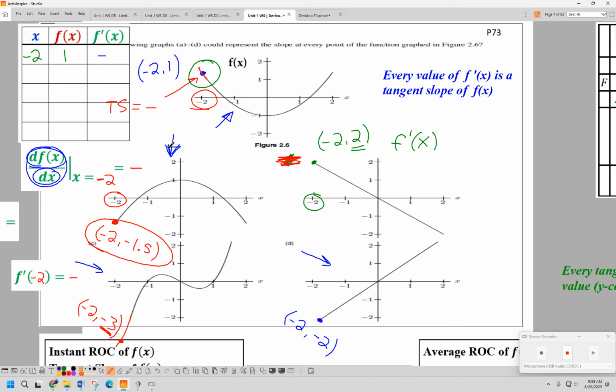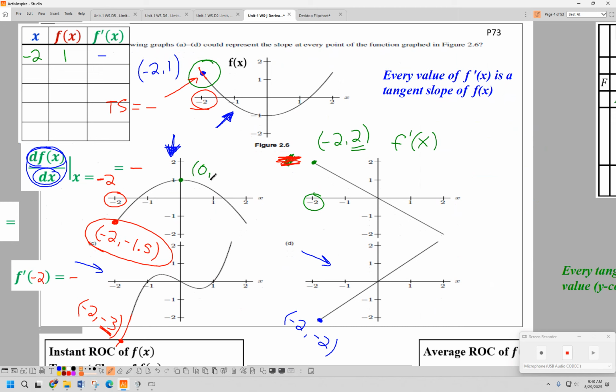Hands up. Is there a point on this graph here where the y coordinate is not representing the slope of this graph at that same x coordinate? There we go. That's nearly everybody. Nicely done. Let's go, Rachel. 0, 1. So if I come down here to x equal 0, 1.